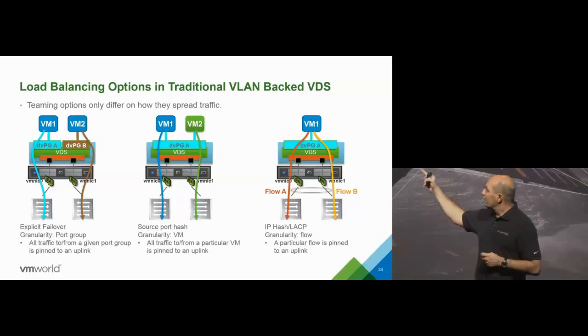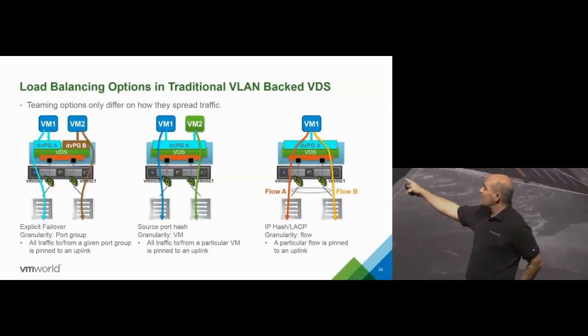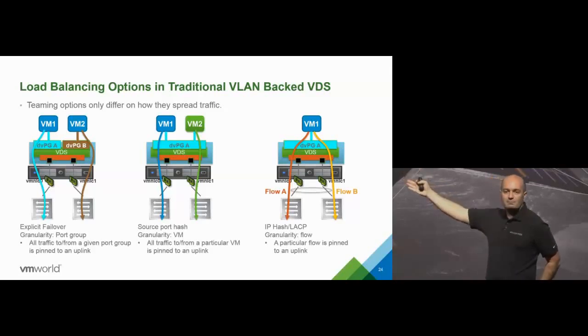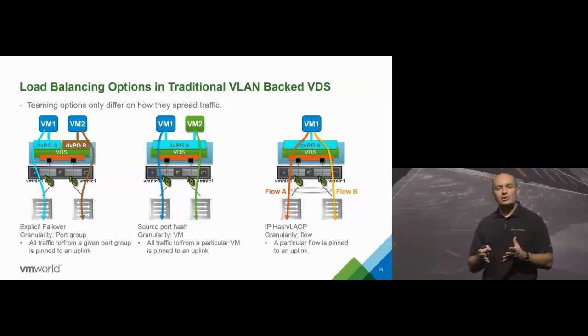So within the same DV port group, for the same virtual machine, I can now pin my traffic on a per flow basis to either the left uplink or the right uplink. So here we have a little catch. When we're doing that, because we're sending traffic with the same MAC address, right, the virtual machine has a MAC address, and because we're sending traffic from the same MAC address, in order to not confuse the physical infrastructure, we have to send it on a single interface in theory.